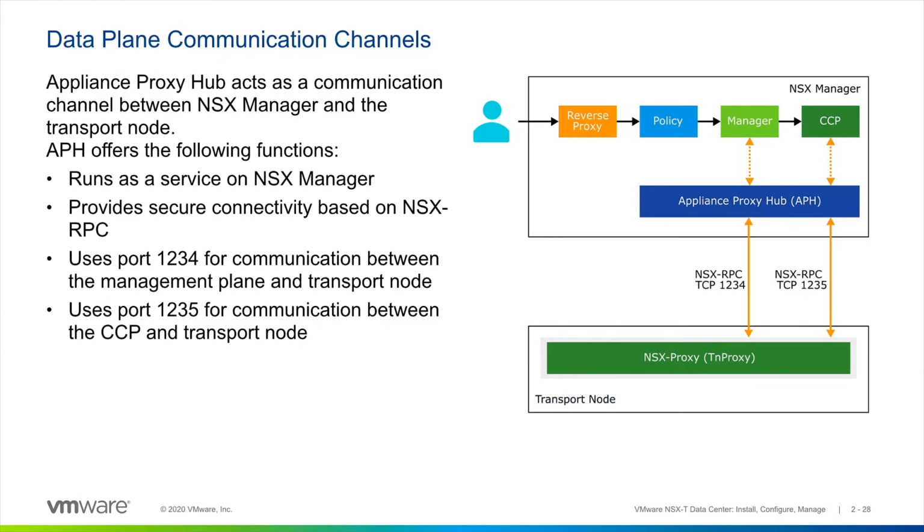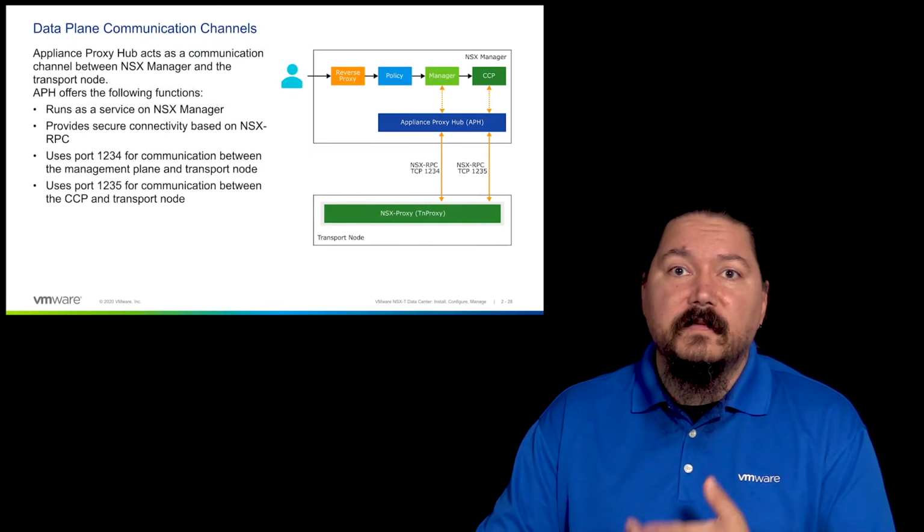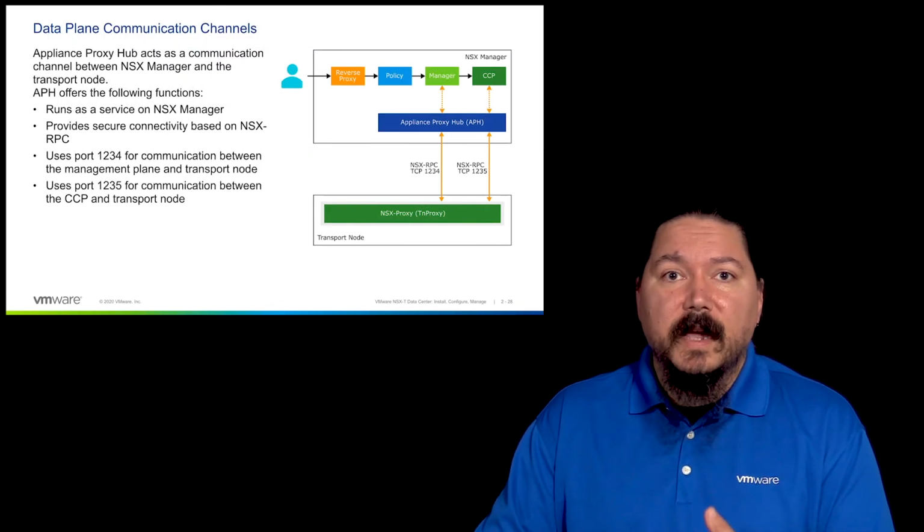Now, all of my data plane communications happens through what we call the NSX proxy service on the transport node itself, right? The NSX proxy service is the tool on the ESXi host, on the KVM host, on the Linux server, on the Windows server. NSX proxy is the tool that will communicate up to the NSX managers, either the control plane or the management plane, right? There are different reasons that we'll use to communicate with both.